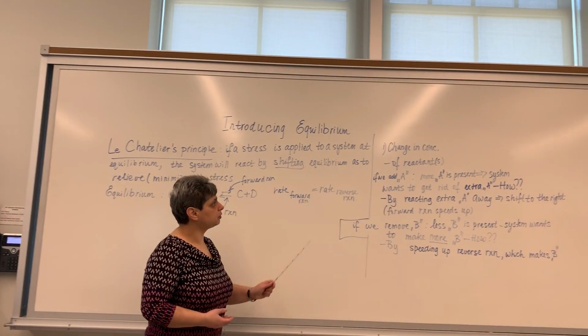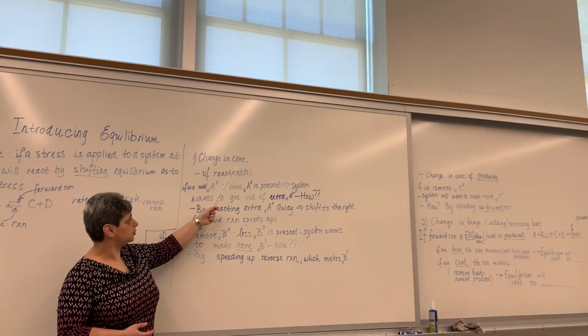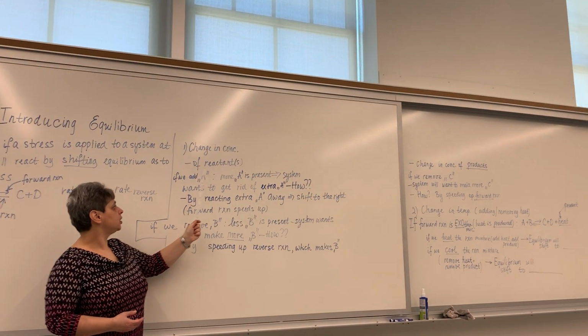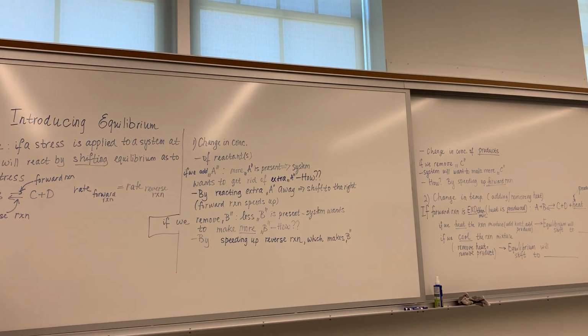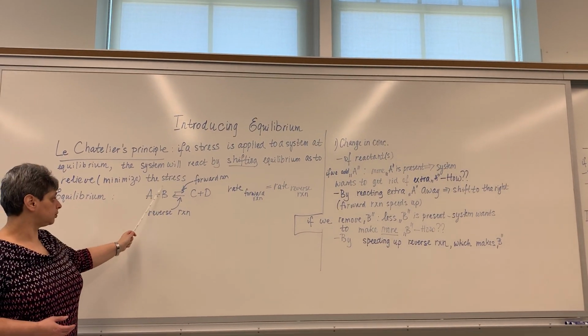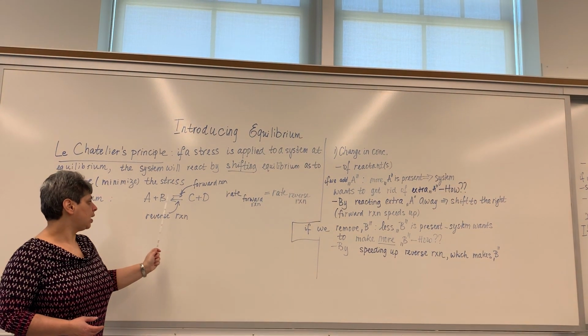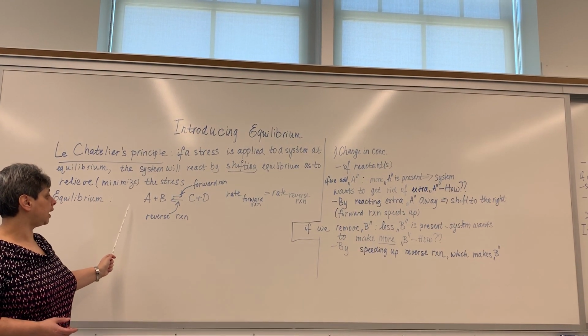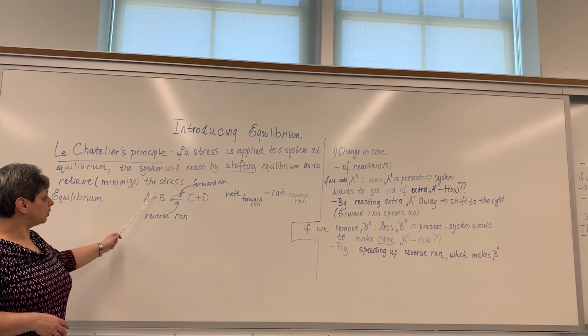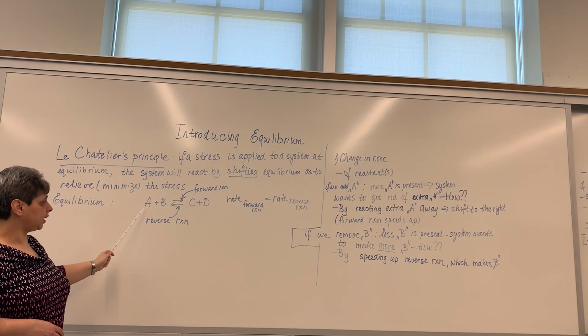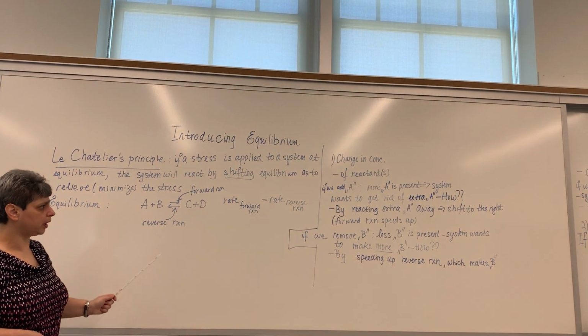Well, the first example we're going to consider is changing concentration of a reactant. So say we have this hypothetical reaction between A and B, so these are our reactants, turning into C and D, which are our products. What if we went ahead and added more of reactant A to our reaction mixture that was in equilibrium?